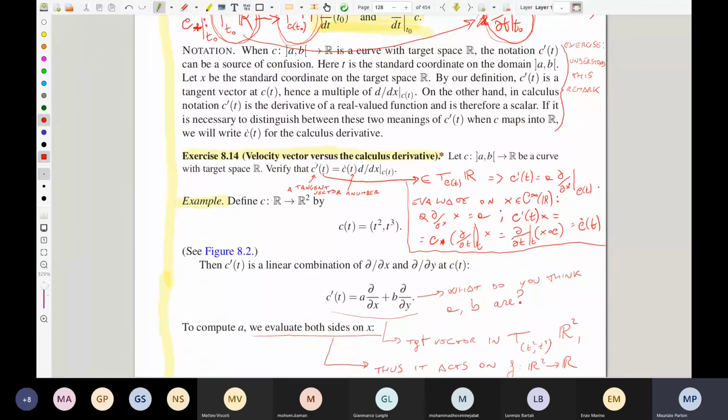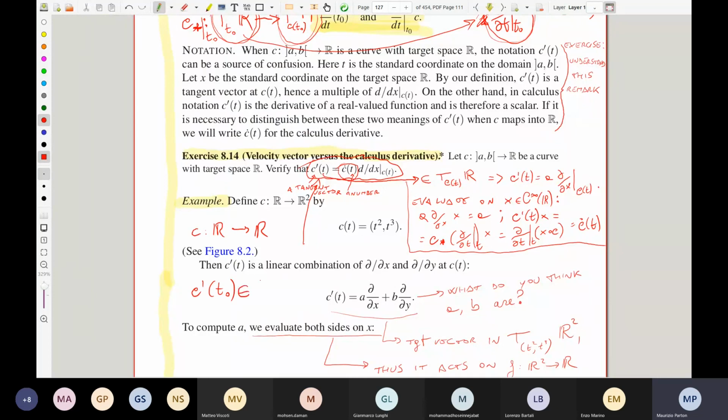Okay. In particular, there is a theorem telling you to prove the relation between this notion of tangent vector and the usual derivative of a function, when you have C from R to R. Now you have the same symbol, C prime of T0, meaning two different things.